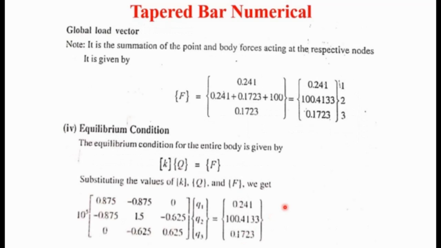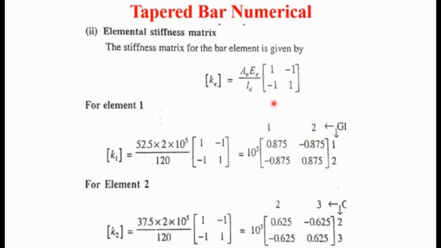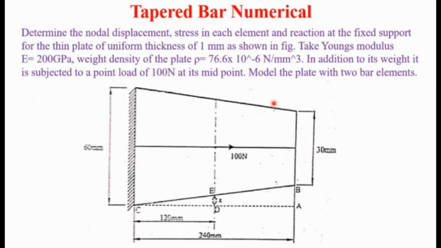Therefore this global load vector F is equal to small f1, small f2, small f3 plus additional forces. So it is 0.241 plus 0.1723 load vector, plus this 100, that is the applied load here at node 2.